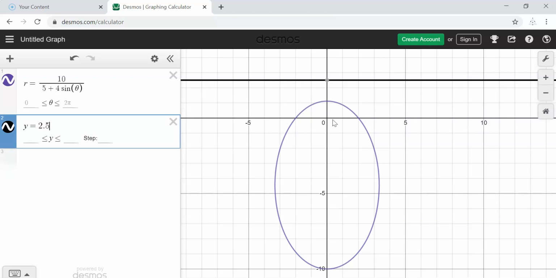And so that is the directrix. By the way, the vertex is halfway between the focus and the directrix. So there we go.